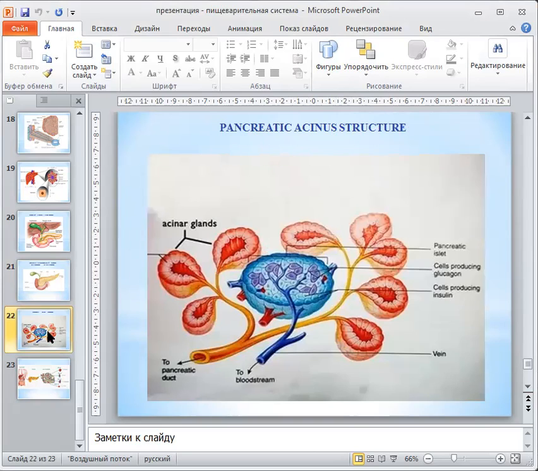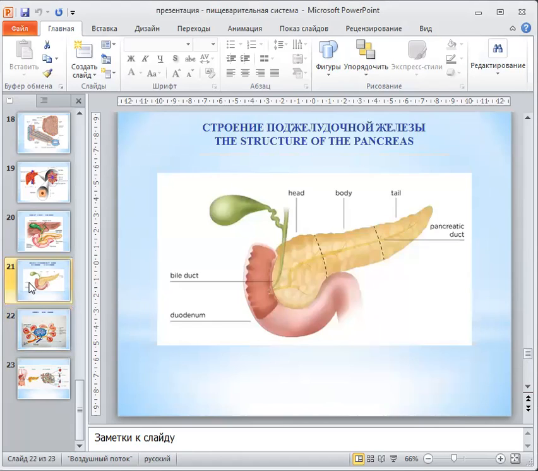The main duct is the Wirsung duct, which exits from the gland and merges with the common hepatic duct. The common hepatic duct connects with the duodenum. The second, additional duct is the Santorini duct, which may independently connect with the duodenum or merge with the main duct.